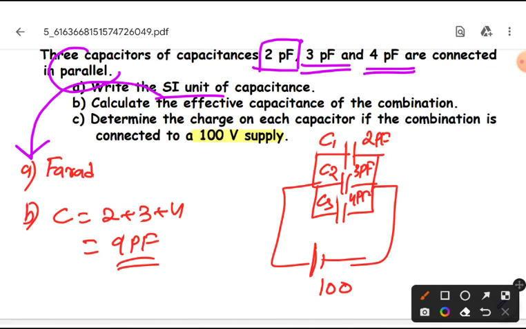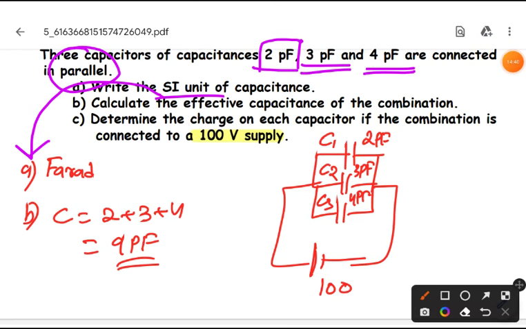Parallel, so just add the three values: 4 plus 3 plus 2. It is 9 pico-Farad. You don't have to change it into Farad. Just write as given in the question.